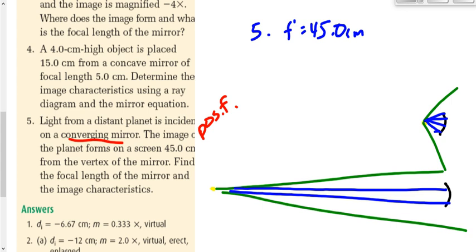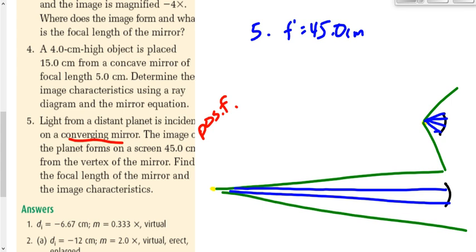So if you're looking at a big star or a big planet, a big distance away from the Earth, the rays of light that go through the lens or strike the mirror and bounce off are going to be pretty much parallel to each other. Where do rays that are parallel to the principal axis converge? Focal point, at the focal point. Not where do the rays that come from the focal point converge, but where are the ones that are coming from something far off that are parallel to each other converge?